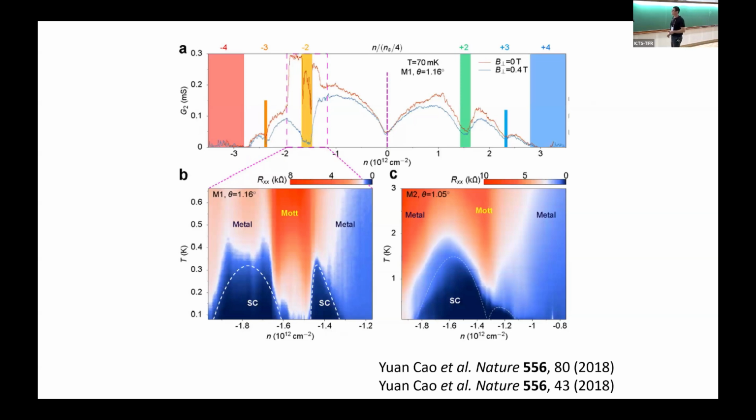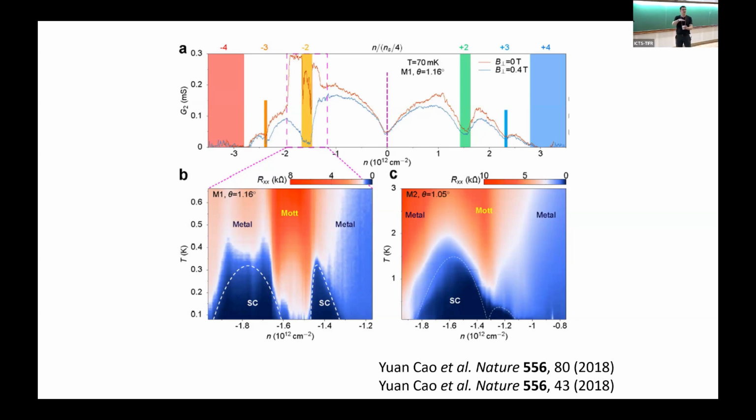Now, this is a graph from the famous experiment from the MIT group, where they took these twisted bilayer graphene devices at a twist angle of 1.16. What's plotted here on the y-axis is a two-terminal conductance, and on the x-axis is the carrier concentration.